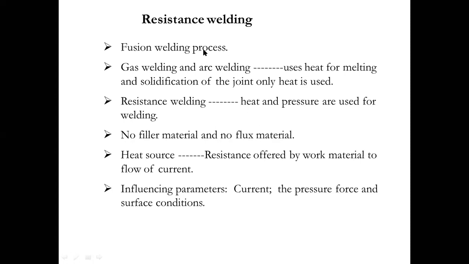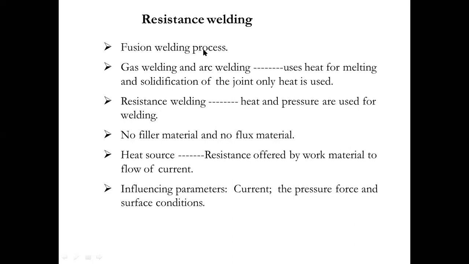Hold time is when you cut off the current; the current will not flow. You switch off the current. Now you press the lever with your leg and give pressure to the workpiece in order to hold it and give rigidity to the melted area.